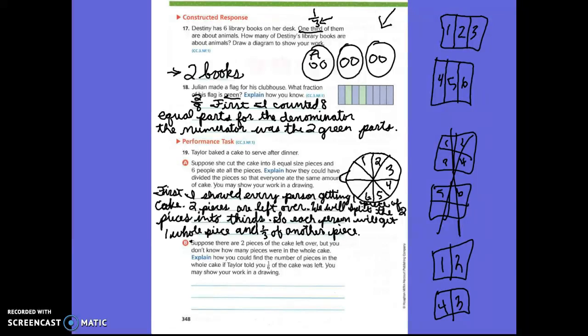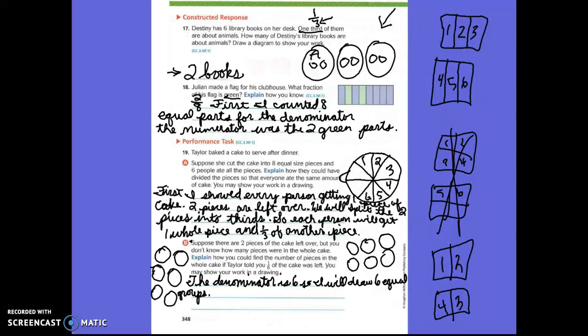So yes, we're going to draw 6 circles. Try to draw them a little small up here so that you have room just in case you need to write a lot for your explanation. We looked at the denominator of the fraction 1/6, and the denominator is 6, so we drew 6 equal groups, which is the 6 circles.